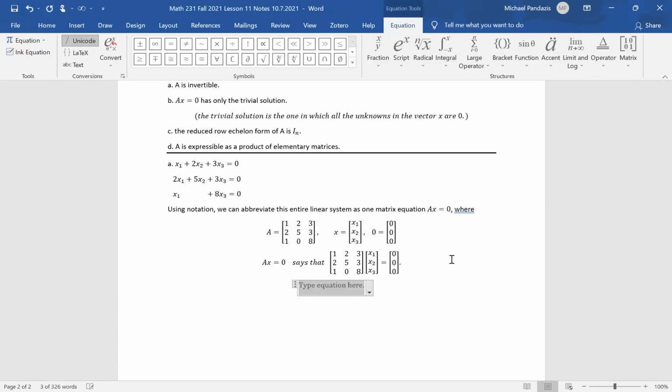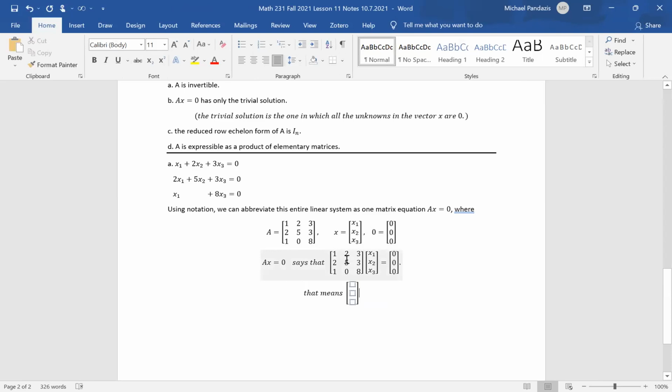When you multiply the two matrices on the left-hand side, you have a 3x3 matrix and a 3x1. So the result is a 3x1 matrix.